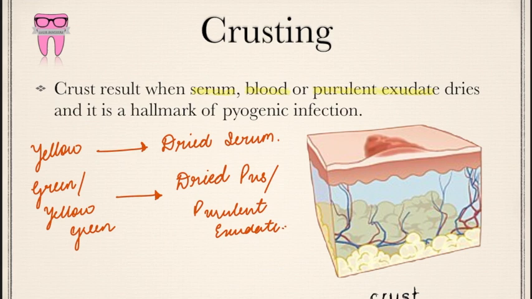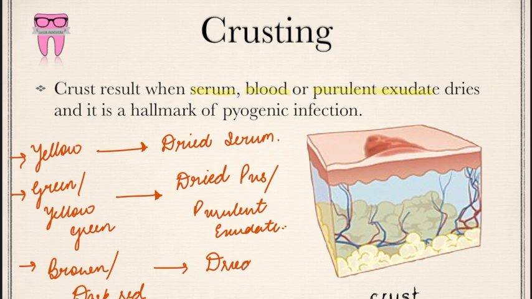And if the lesion is brown or dark red, it's obvious it could be because of dried blood. So these crusts, you will see them happening only after injury or trauma.